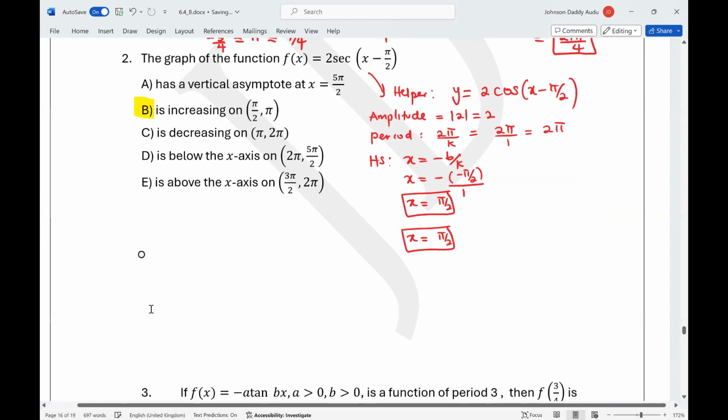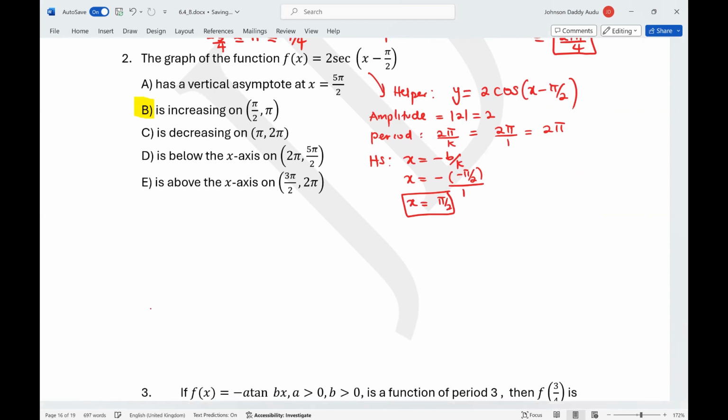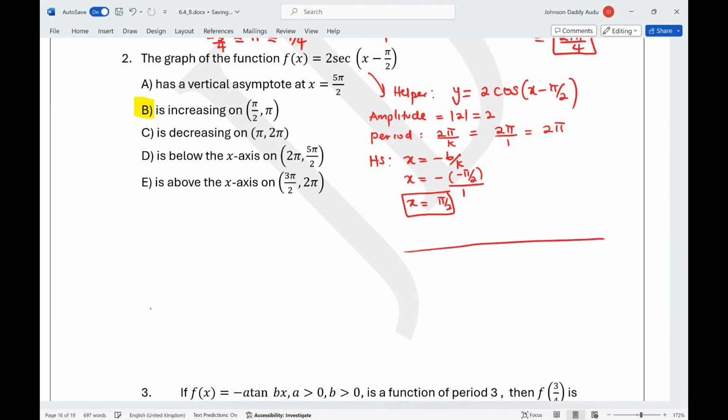All right, so now how do we graph this one? Since the period is 2 pi, so we're supposed to have something like this. It's supposed to be between 0 and 2 pi ordinarily, yes, because the period is 2 pi. So we split this into 4, right?